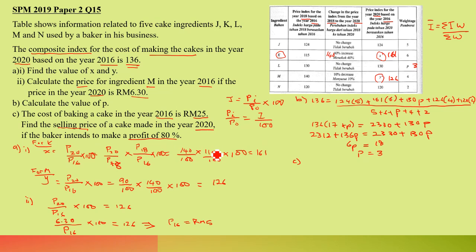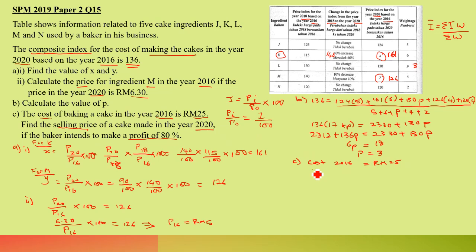So before we find the selling price to make a profit of 80%, what we do is we find the cost for 2020. So first of all, you're given the cost for 2016 is RM25. I put it in a short form. So now you want to find the cost for 2020.